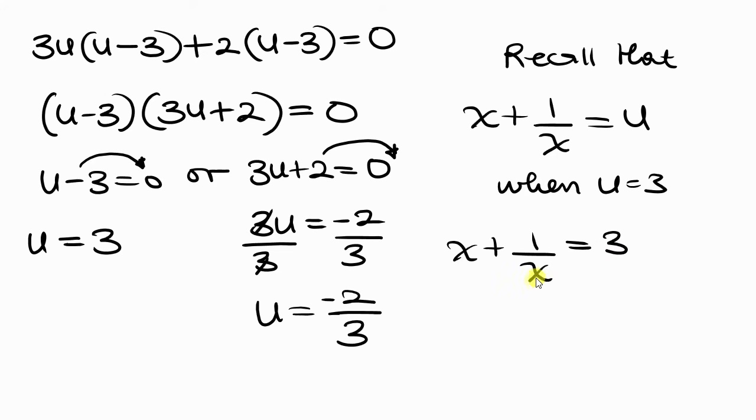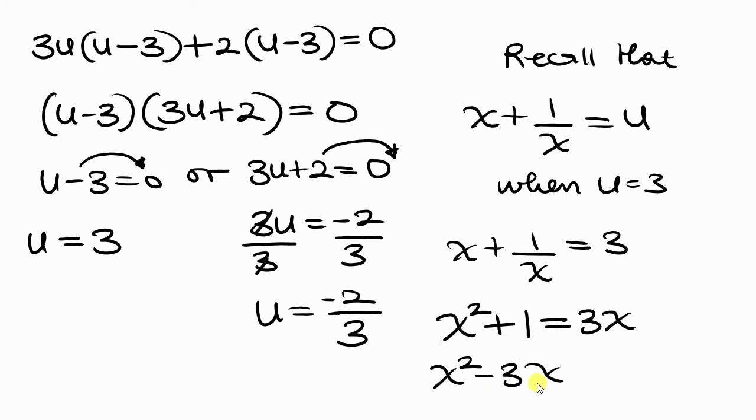Now, since we have x as the denominator, we can remove the bracket by multiplying through by x. So x times x is x squared plus x times 1 over x is 1 equal to x times 3, which is 3x. Now let's move this 3x to the left. So we have x squared, as this crosses it becomes minus 3x, and then plus 1. And this is equal to 0.